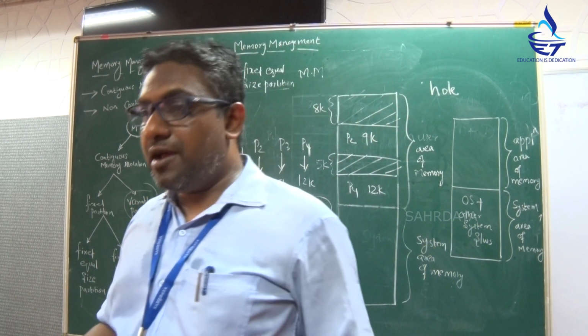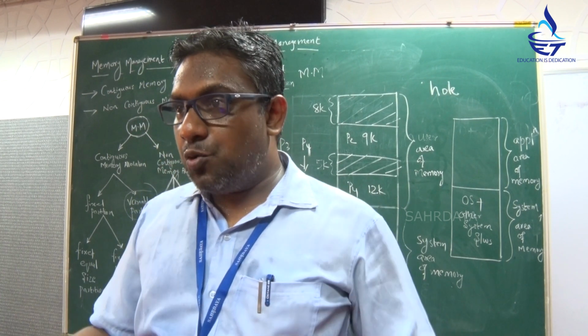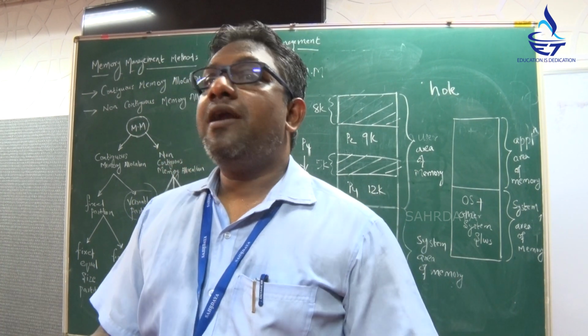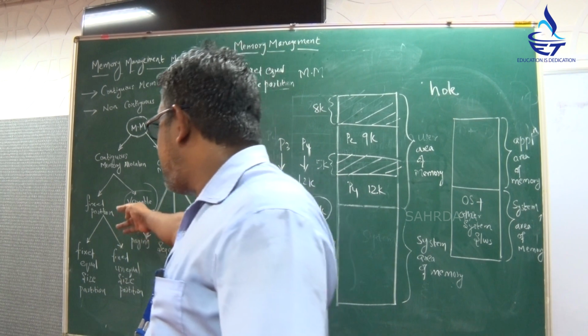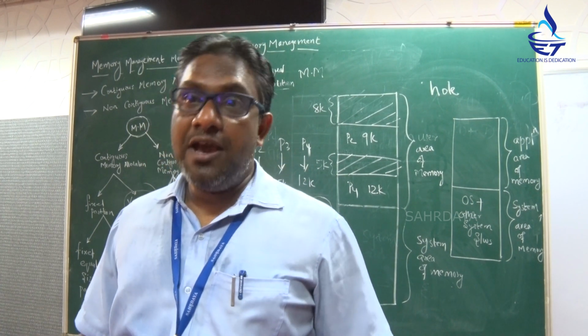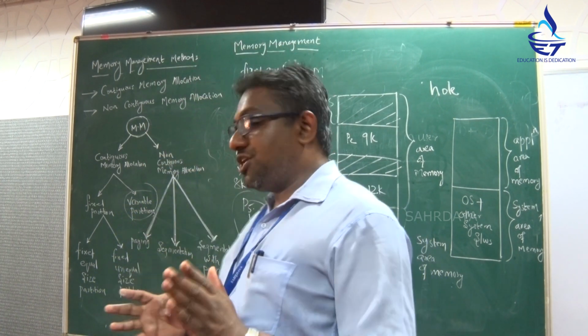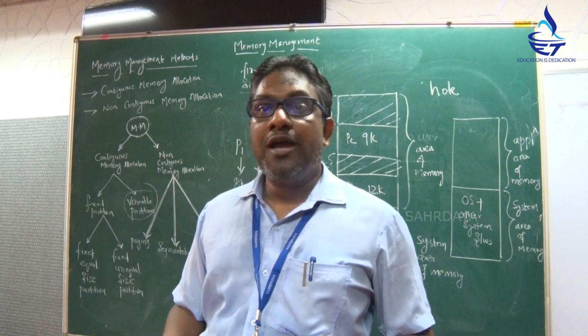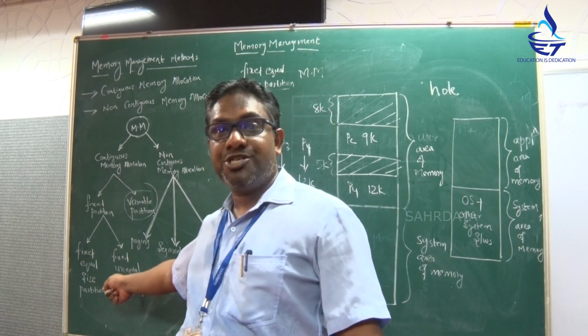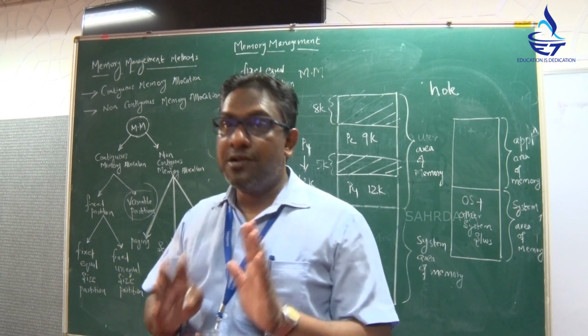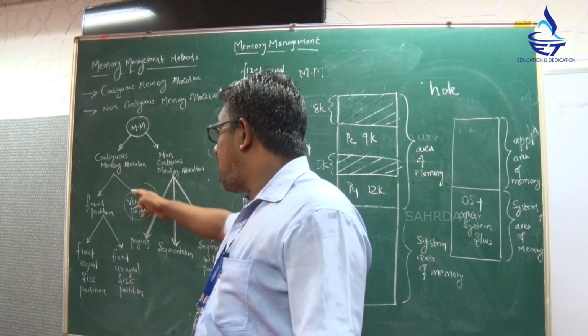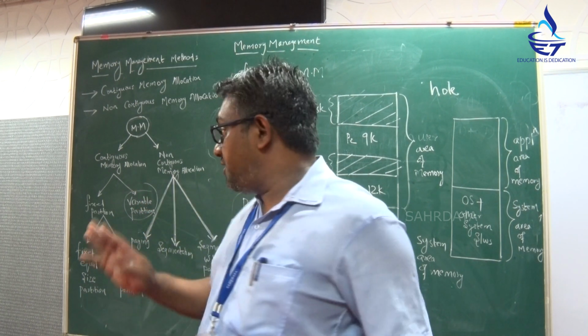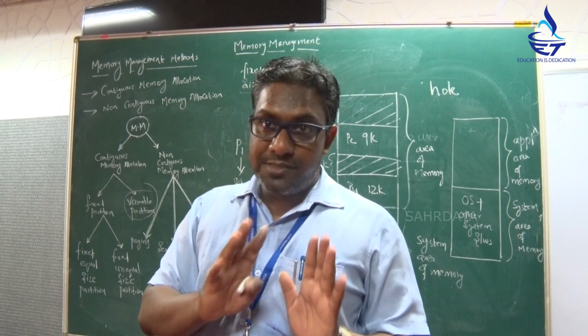In contiguous memory allocation, there are two strategies: fixed partition and variable partition. In fixed partition, there are two types: fixed equal size partition and fixed unequal size partition. Variable partition is also part of contiguous memory allocation.